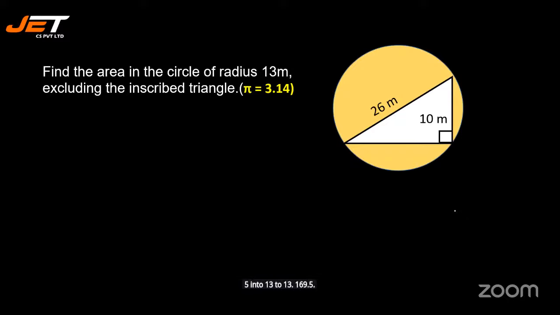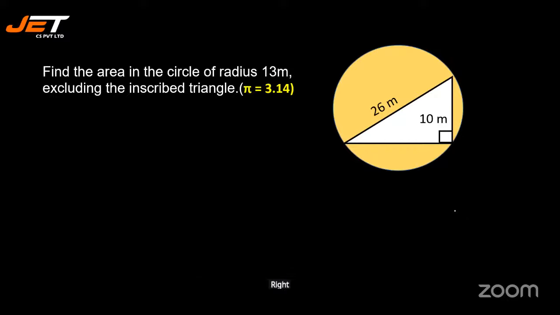Right? So the triangle you have here, excluding the inscribed triangle. Right. So here the area of a triangle is half into base into height.